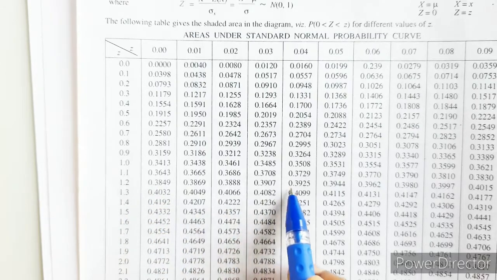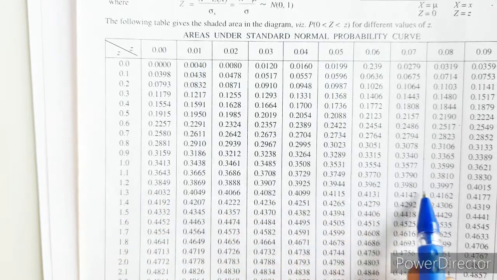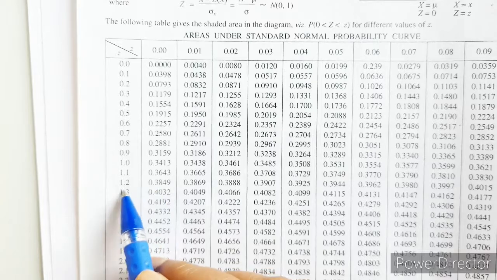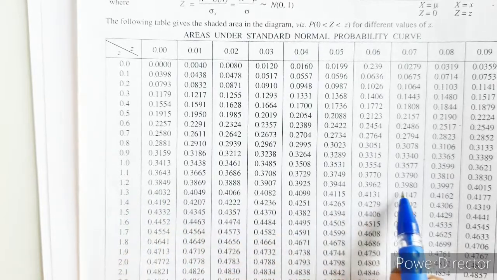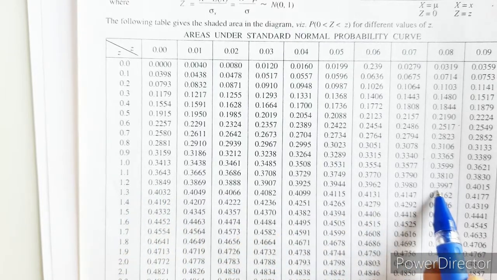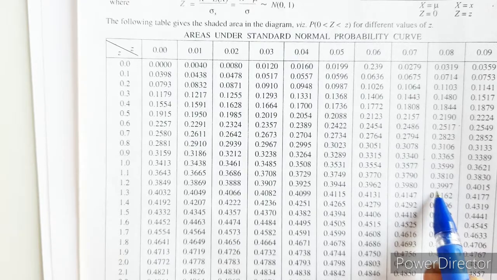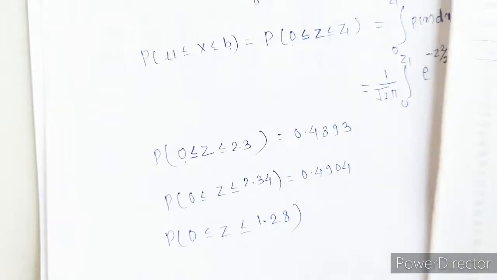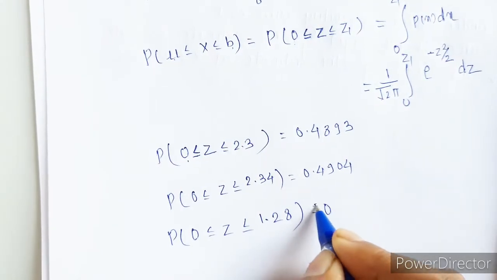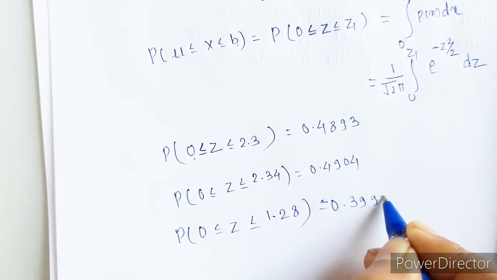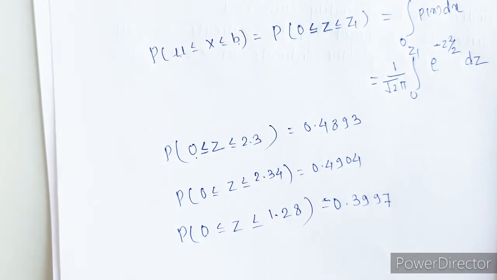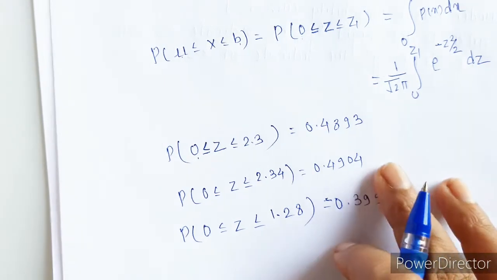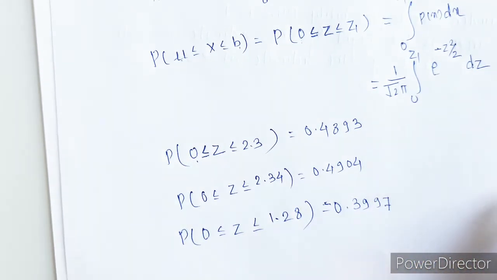So 0.08 is here, and it becomes 1.28, which is nothing but 0.3997.